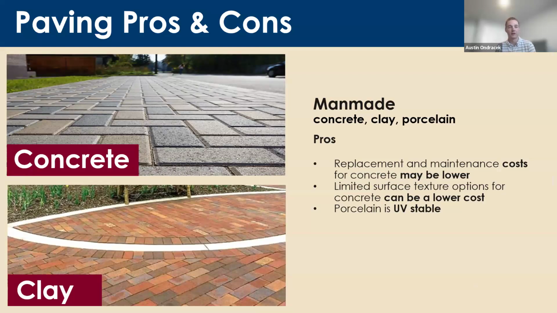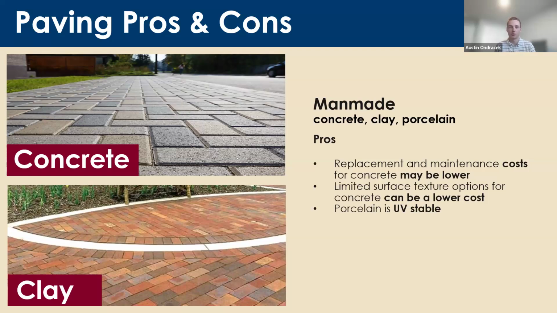Some pros of concrete or man-made materials or clay brick. The replacement and maintenance costs for these can be extremely low. When I think about pulling one paver out to fix it, a lot simpler than maybe ripping out a flagstone patio that's mortared in, just a lot simpler.